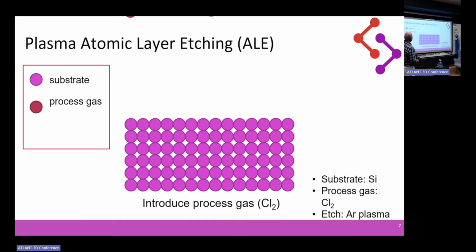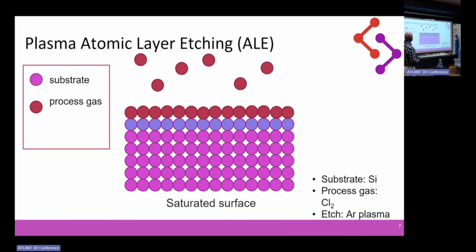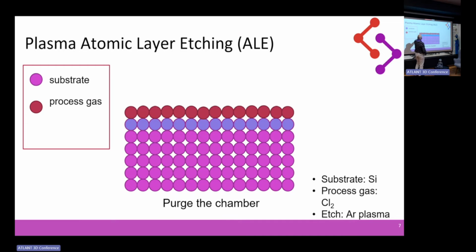So we have, in this case, chlorine gas coming up to modify the surface, and then a rest in the second step. This is one cycle. First is just to modify the surface, and then the second step is to remove those extra gases from the chamber. And then we have a modified top layer, and the binding energy between this and the layer below has a difference, making it easier to remove.